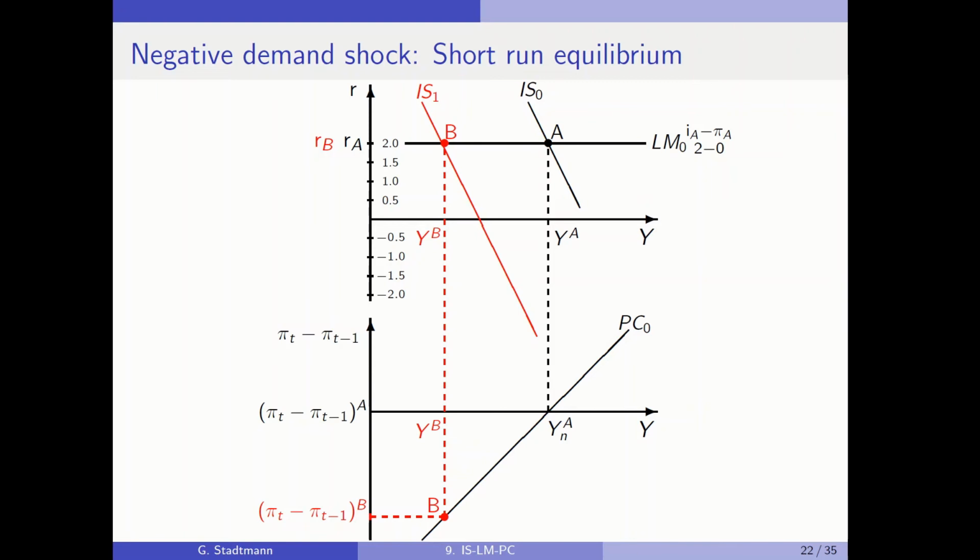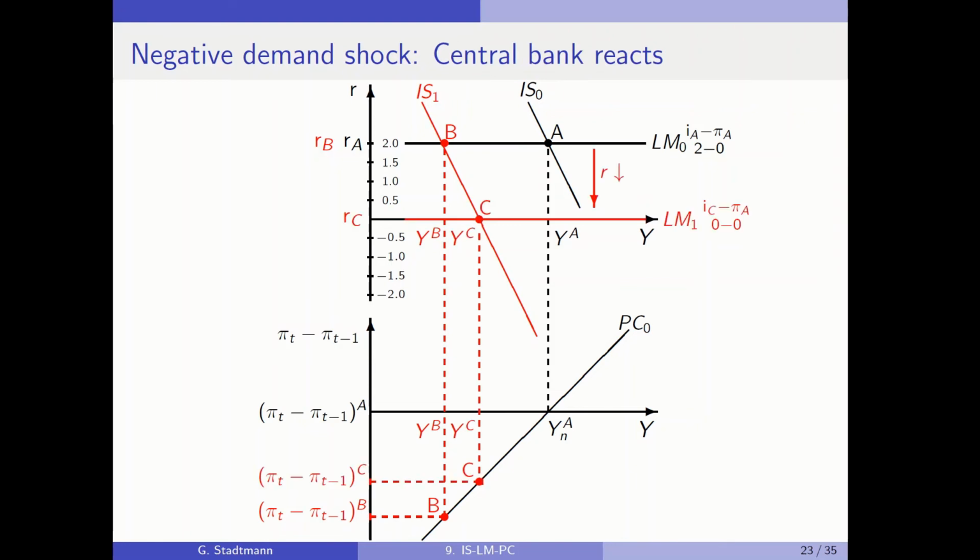We always assume that at some point in time the central bank will react and lower the real interest rate. Let's stick to this assumption and assume that the central bank is lowering the real interest rate by 2 percentage points.